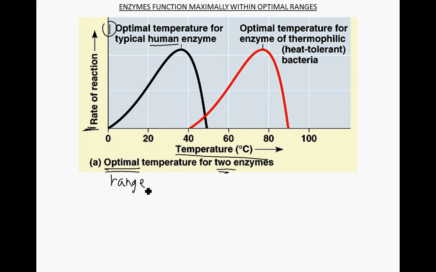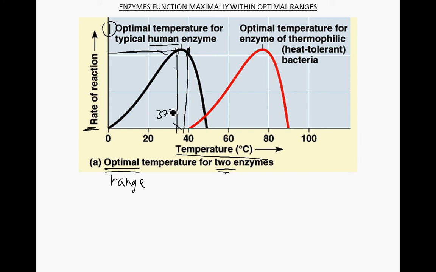This is not just one specific temperature, but a window of range. So what we're saying is that for this human enzyme, this is where it's working maximally. This is the maximum rate there, somewhere in this temperature range right here, and you drop this down, and lo and behold, where is that? That's around 37 degrees C, which is body temperature, 98.6 degrees Fahrenheit.